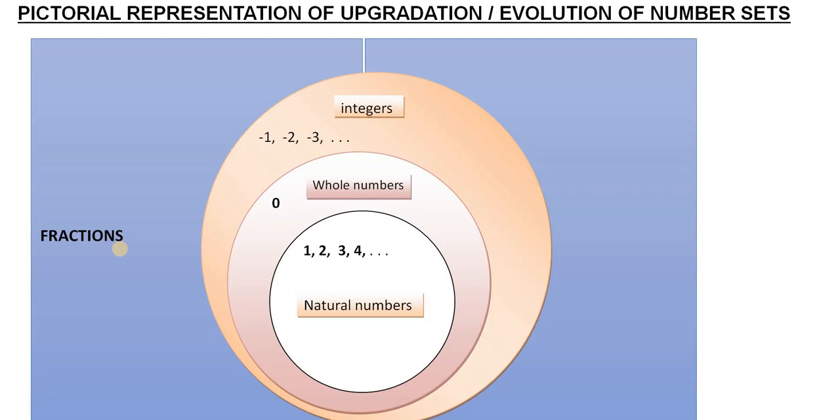So if there are some wholes and a part of it, you will make it an improper fraction, which you have studied. And a proper fraction means only less than one whole, and it is represented in the form of a fraction. It will have a numerator, and it will have a denominator.